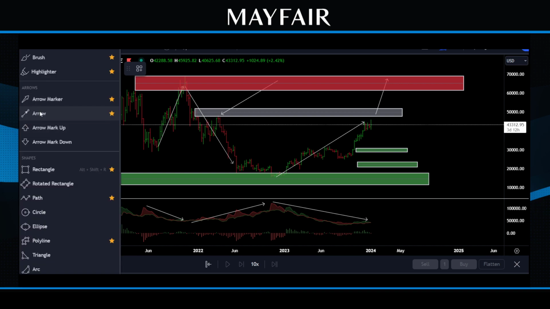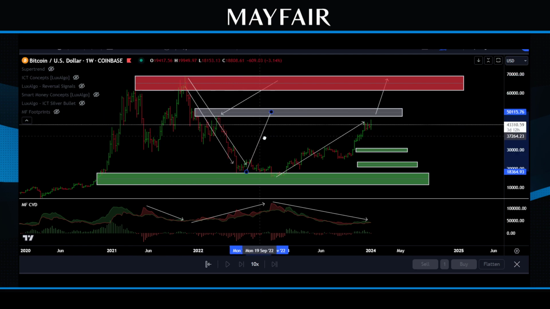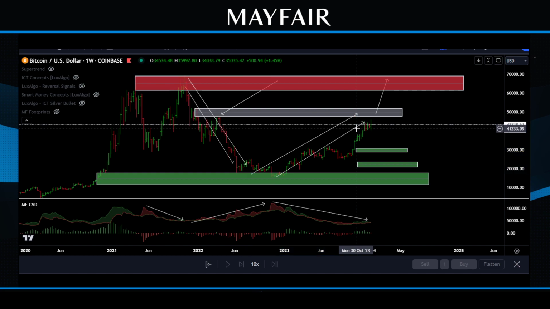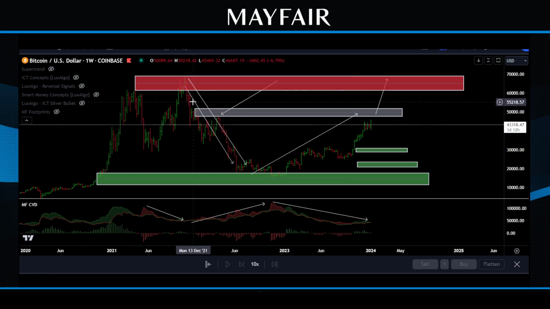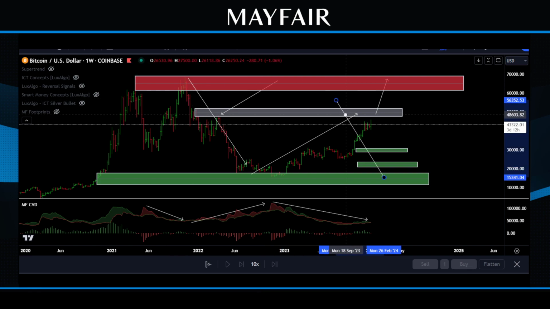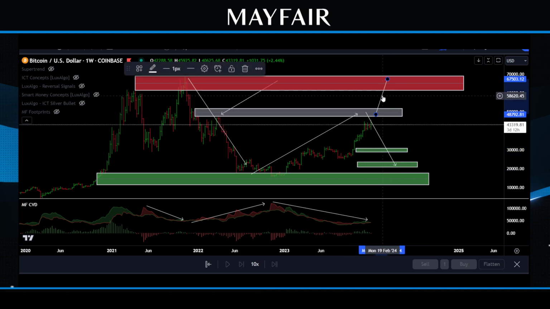Here's my little arrows. Is this A move down, right? Followed by a B move up, even if we get to this kind of level, which means we're then very likely to see a C move down, back from this level, back down into at least this range, right? And I'd probably say that range being conservative.